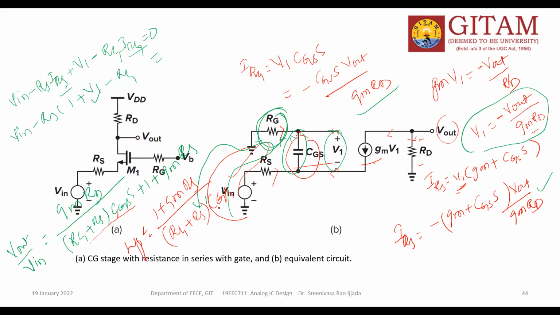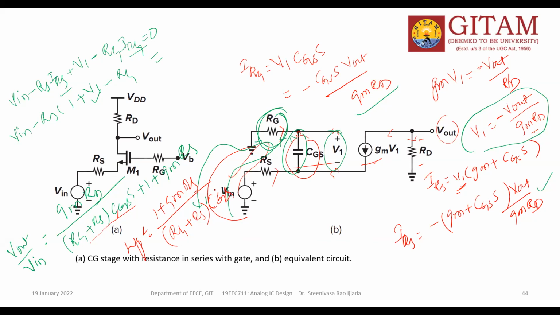If you see the denominator, you should write s plus something. What is the s coefficient? It must be divided with this entire denominator. Then you will get 1 plus gm RS by (RG plus RS) into CGS into s. CGS only, not s.